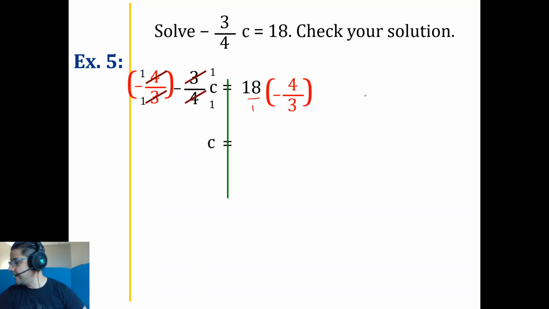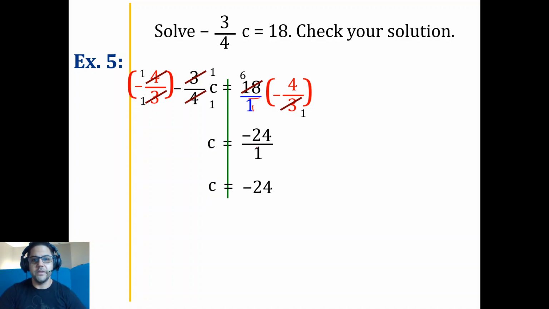The 3 becomes a 1, and the 18 becomes a 6. So now I can ignore the 1's at the denominator, and 6 multiplied by negative 4 is negative 24. Don't put the 1 at the bottom. It's just negative 24. So you can skip this whole little line there for less writing, because we know negative 24 divided by 1 is just negative 24.